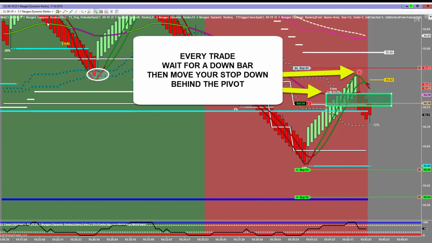And the simple reason for this, the high price, I want you to think about it. Look where my little laser pointer is right there. That's the price at which no human being on the planet, no algorithm, no system, no fund manager, no crude oil trader on the planet was willing to buy the market past that price. And the sellers came in.